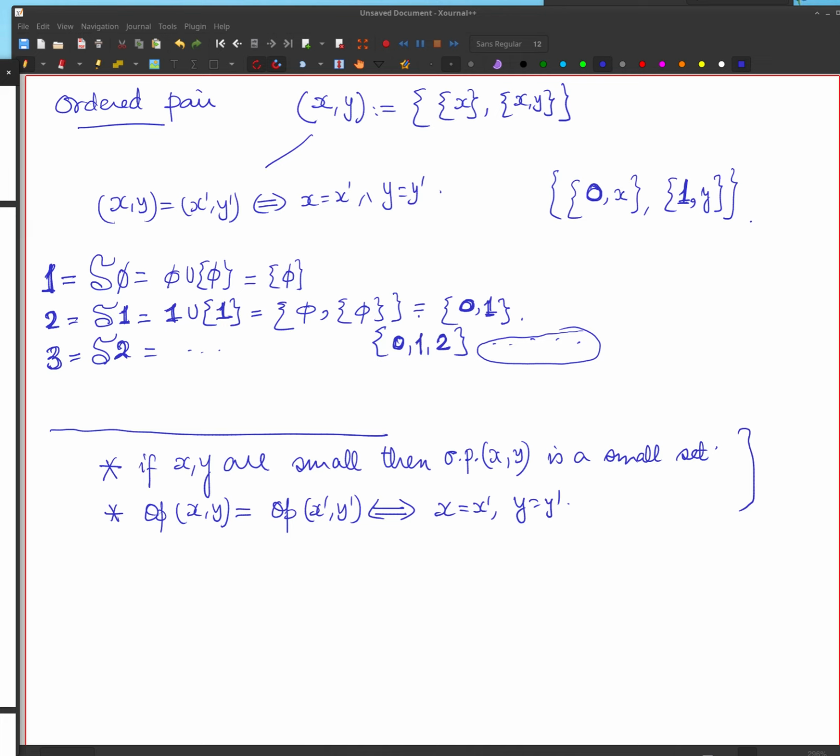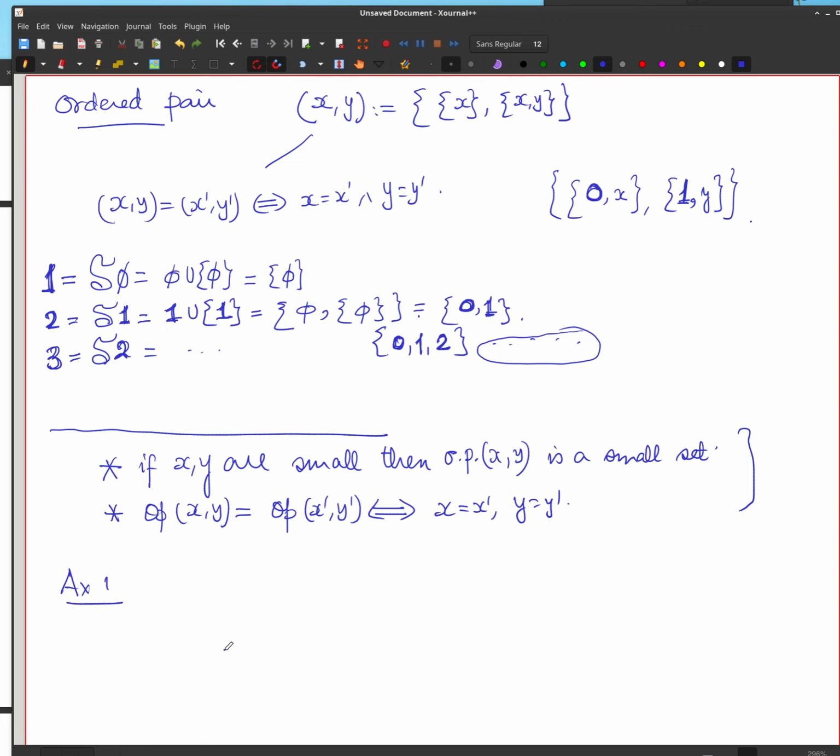Equality of any two sets, they might even be large sets, they need not be small, right? So compare this with the axiom of extensionality, which is my axiom 1. Let me rewrite it as I did over there so that there is no misunderstanding.